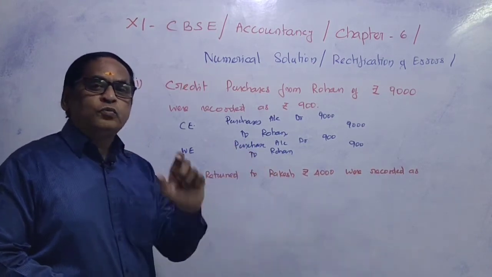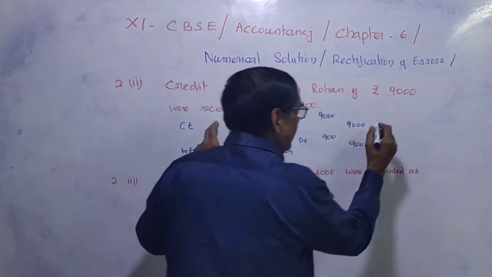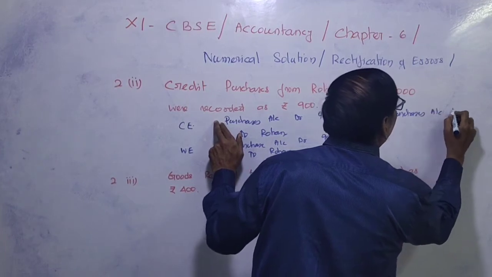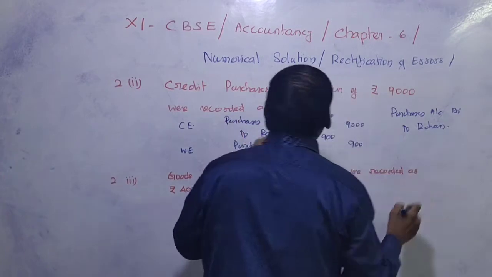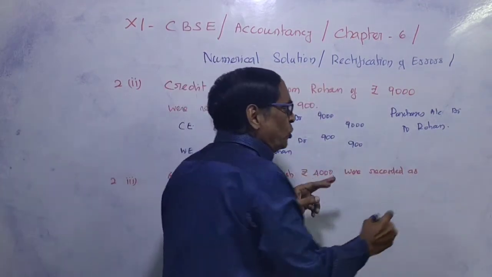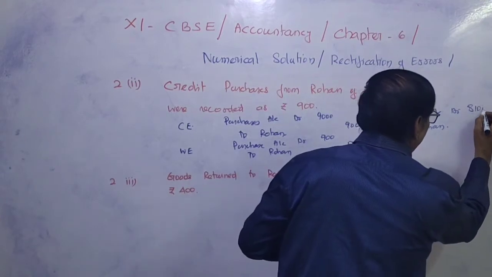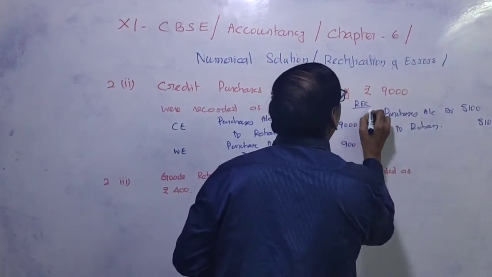So we have to pass one more entry, the same original entry. The purchases account debit to Rohan, the balance should be 9,000 minus 900, 8,100. And then 8,100. This is a rectification of entry.